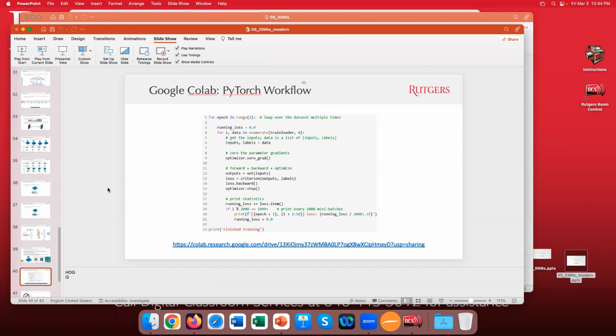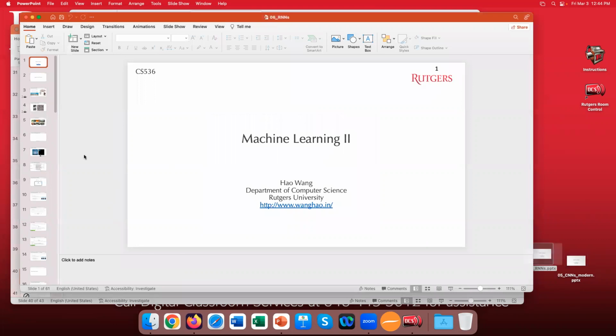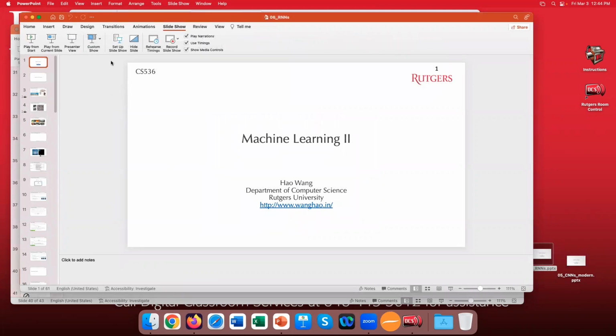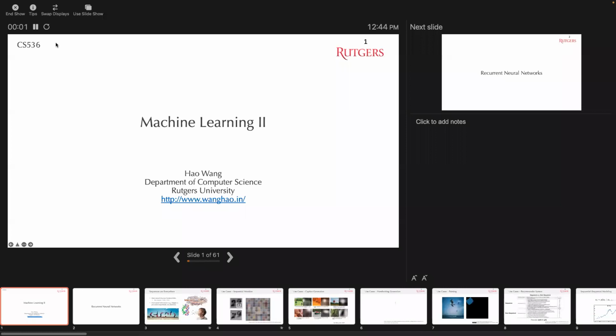Okay, so let's move on to the next part of today's lecture. If you're not familiar with recurrent neural networks, this is going to be, I would say, a little bit more involved to understand than convolutional neural networks.